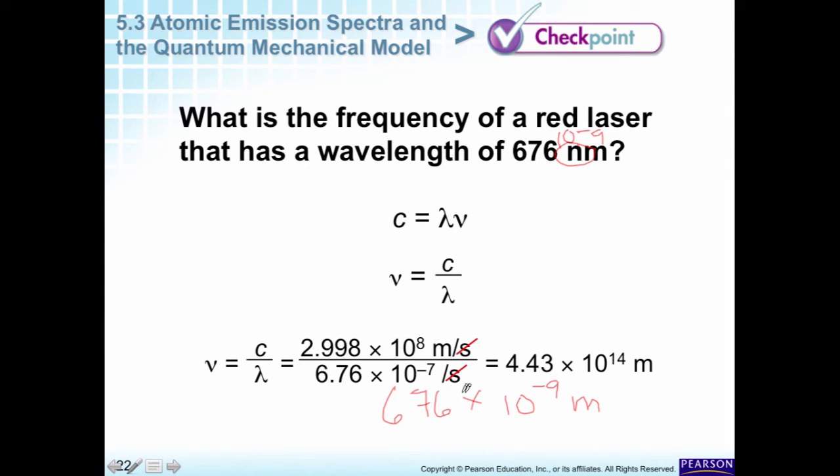And then if I wanted to make it scientific notation, I bring that over and get 6.76 times 10 to the minus 7 meters, because basically what I did is I divided it by 100, so I have to increase this by 100. Now it's going from minus 9 to minus 7. Why is it going to the lower number? Because actually this is a bigger number because we're talking negative numbers. Okay?